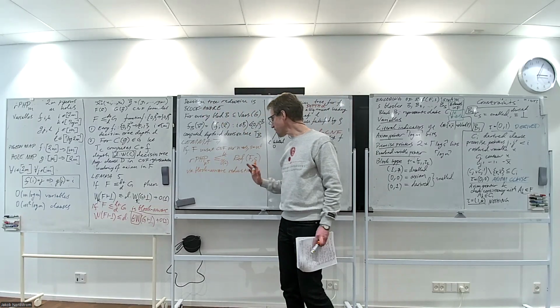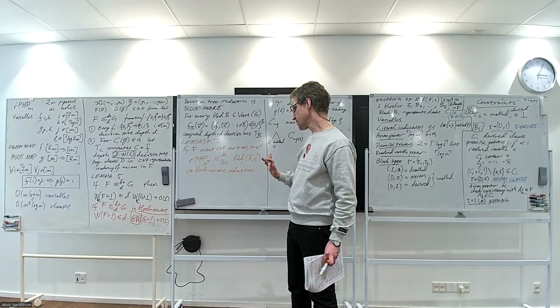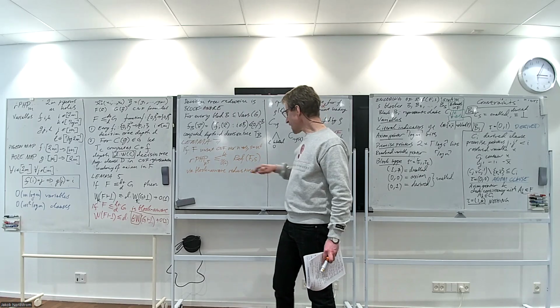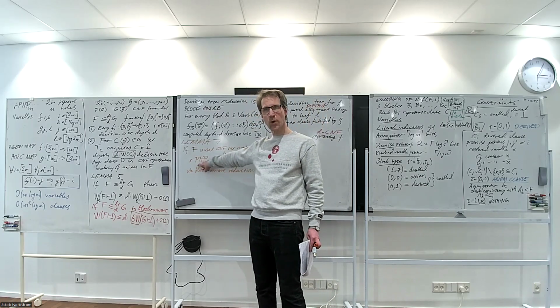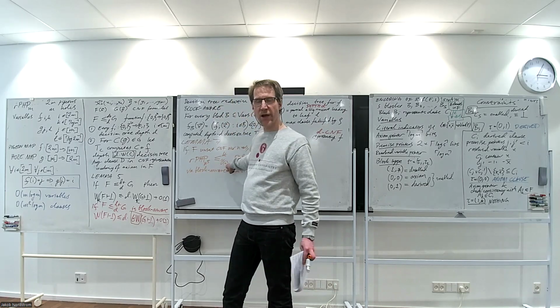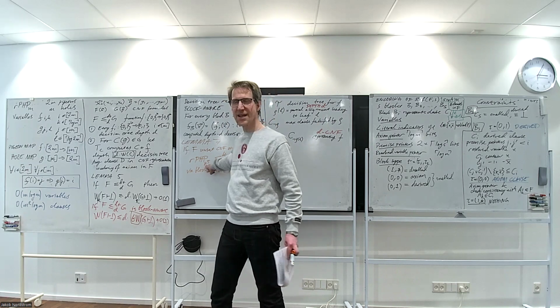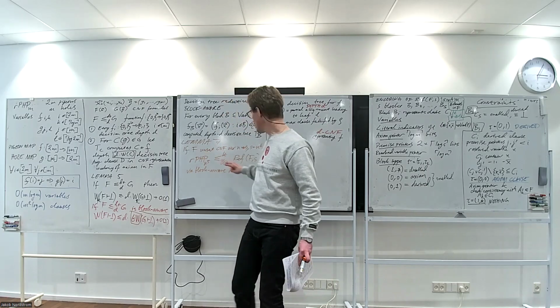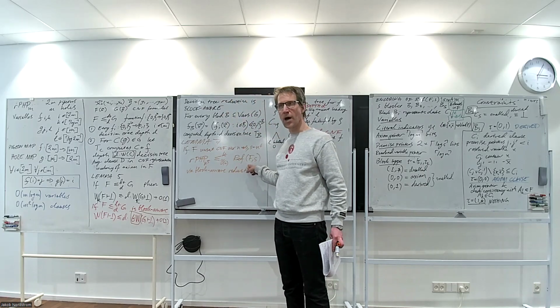If I can do this, then note that here I have a width lower bound n to the 5. I will lose n log n here, so I will get basically n to the 4 or something. If this is true, then we have our n to the 4 lower bound.